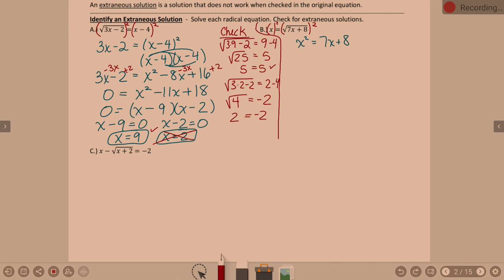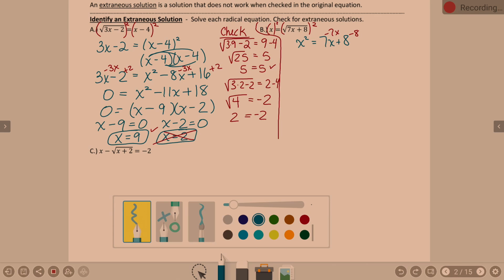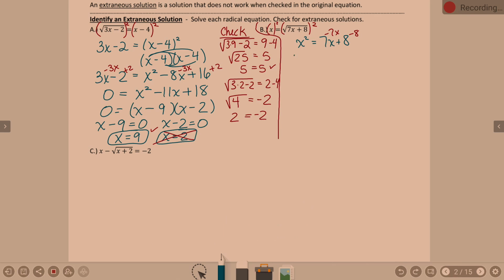I tend to just do it in one step though and say, okay, I'm going to move my 7x and my 8 over to the left. So I'm going to subtract 7x and 8. So we're going to have x squared, subtract the 7x over, subtract the 8 over, and that equals 0.